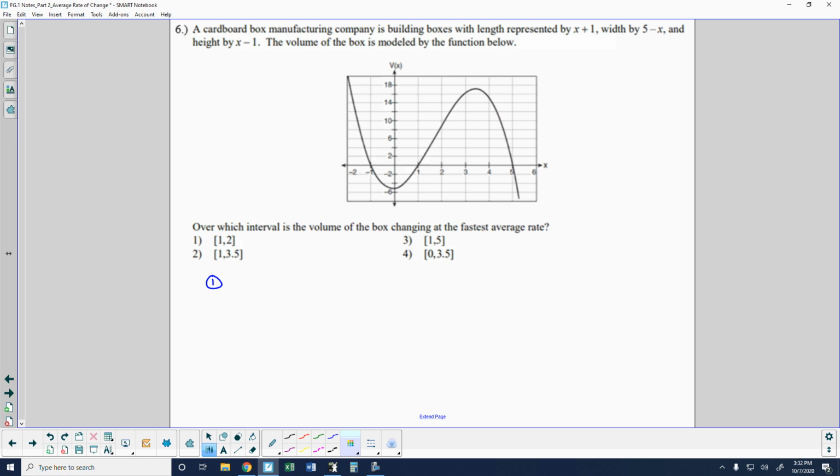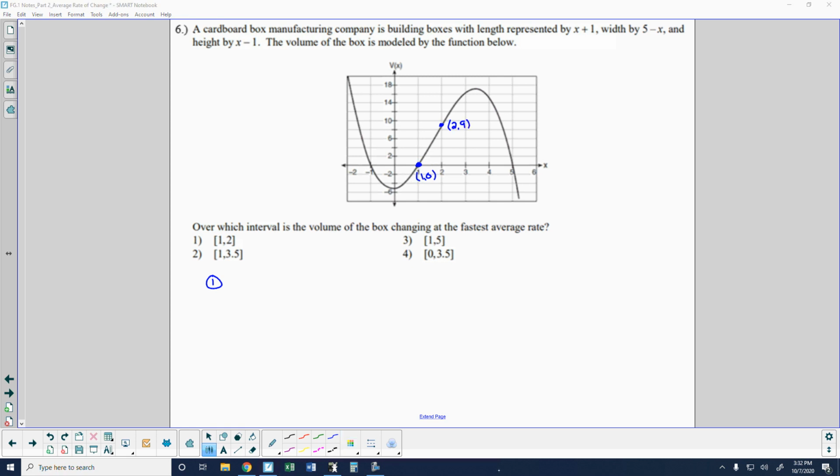Number 1 is dealing with this point where x is 1, so the point (1, 0), and where x is 2, notice these lines are 2 at a time on the y-axis, so this would be (2, 9).